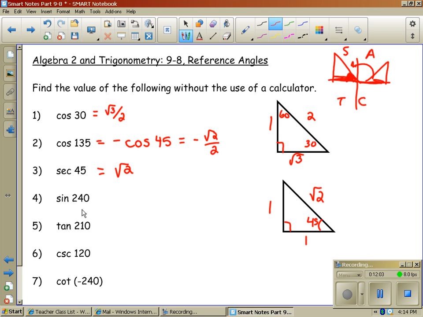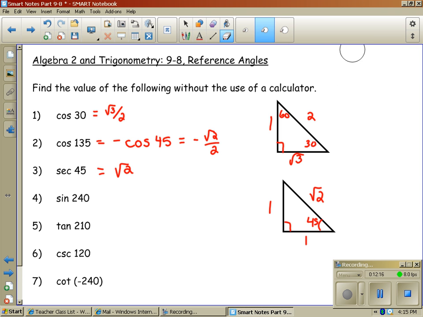Now again, let's talk about one that's a multiple. Sine of 240. This one's a multiple of 60. Go back to the concept of reference angles. 240 degrees is in the third quadrant.